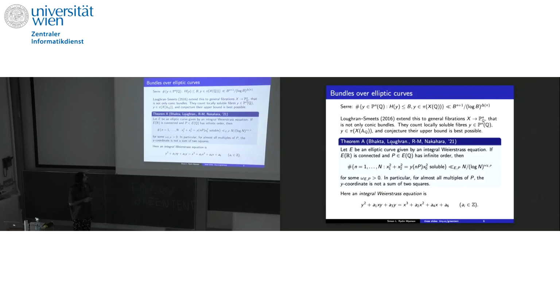And so under some fairly mild assumptions, which we'll talk about later, the result says that 0% of the time this conic is soluble, where y is the y coordinate of a multiple of a fixed point on the elliptic curve. And this theorem and everything I'm going to talk about today is joint work with Subham Bhakta, Loughran and Masahiro Nakahara.